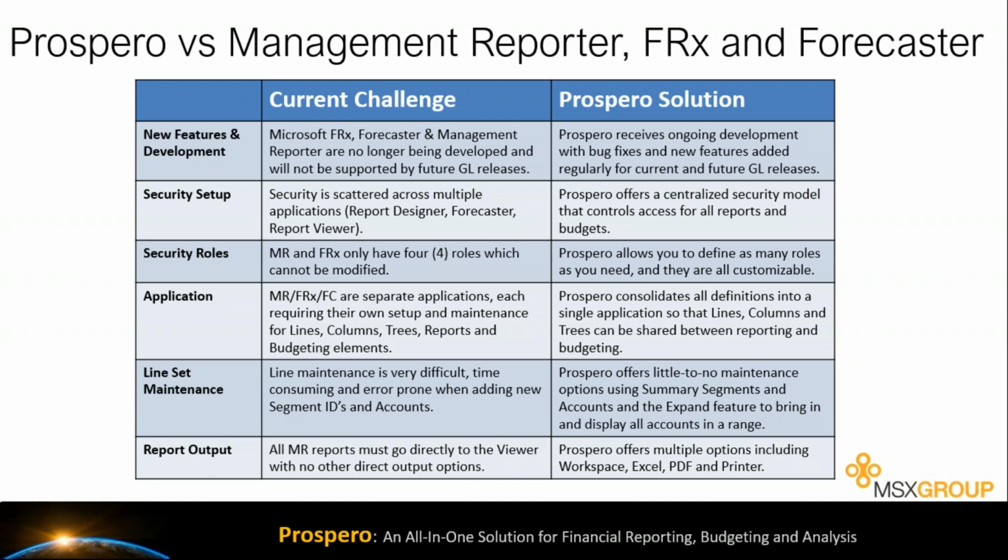Security was handled in both applications. So with Prospero, you've got a single application that consolidates all of that. If you run a report inside Prospero and you want to look at the line set that makes up that report, you just open that line set, and it opens up in a new tab right beside where you are. You don't have to go back to a separate application.